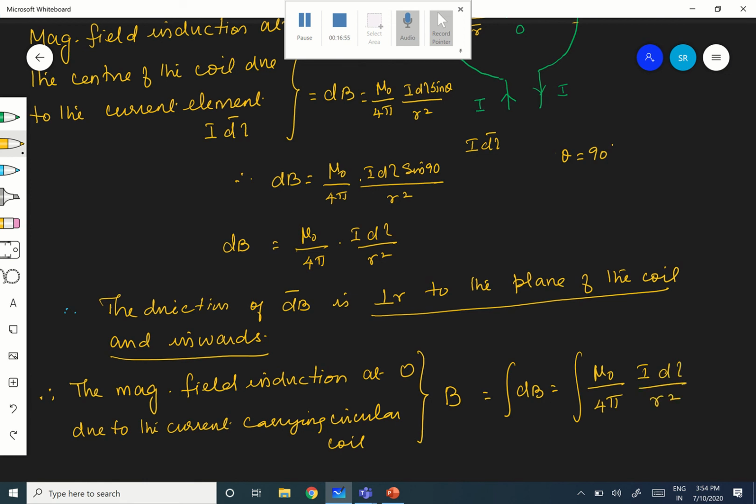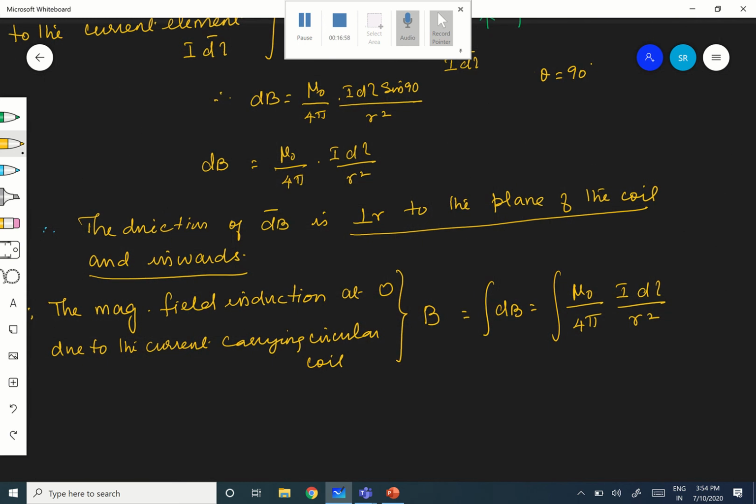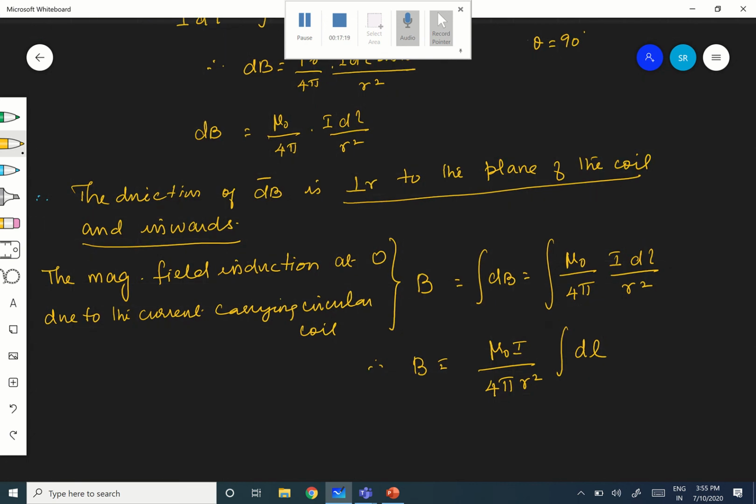Therefore, B is equal to, taking all the constants outside, mu naught I by 4 pi r squared, which is also constant since the radius is constant, times the integral of dl. What is the integral of dl? That is nothing but the circumference of the loop, which is 2 pi r.